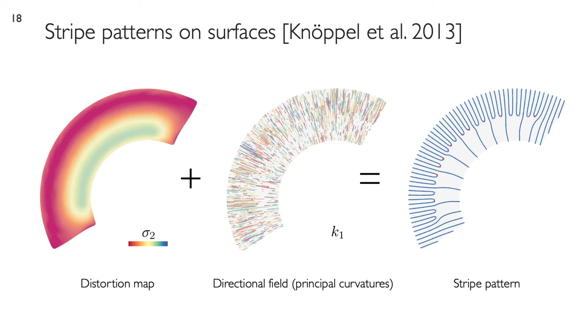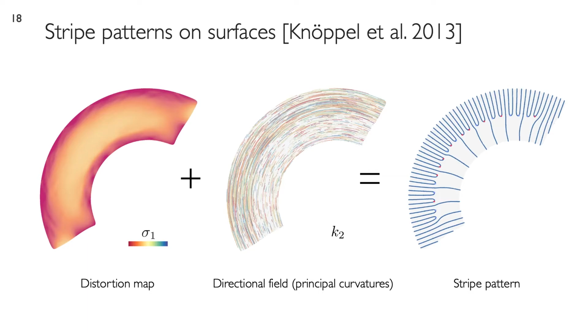Here, the frequency values are computed from the distortion values of the parametrization, and the stripes follow a specific directional field, which is here the directional field of principal curvatures. We do this with one directional field and one set of distortions, and with the perpendicular directions and another set of distortion. And we can combine the two to have this sort of grid of stripe patterns.